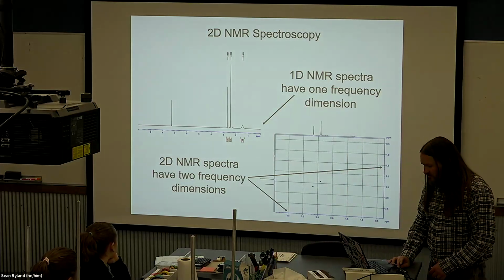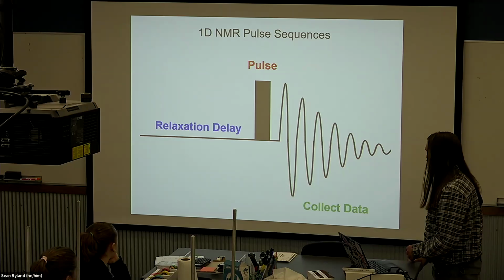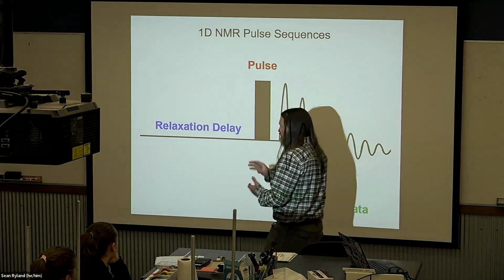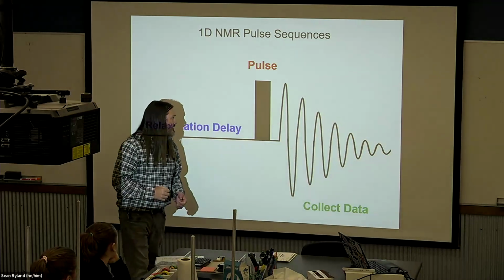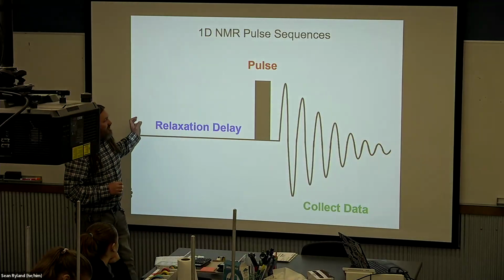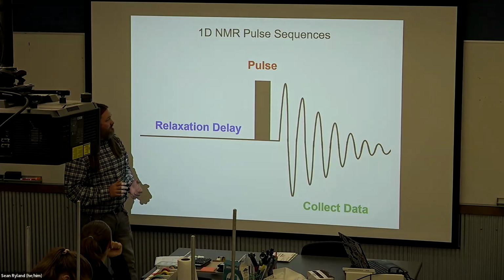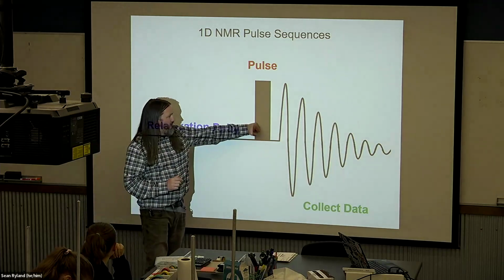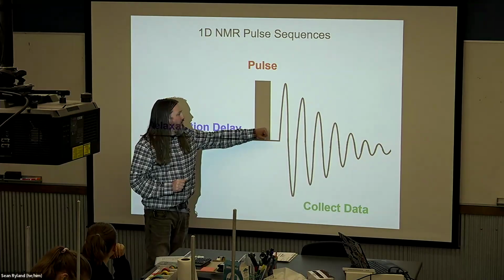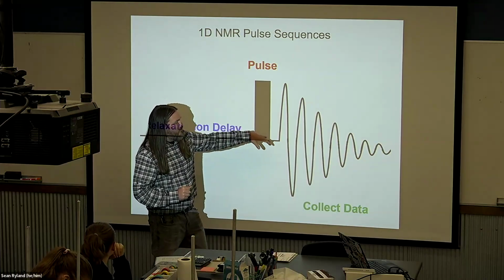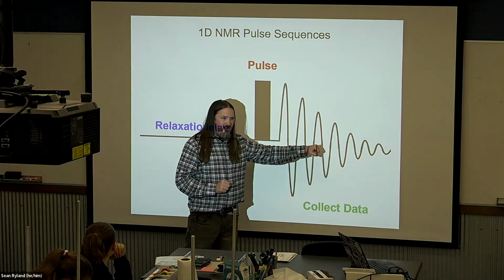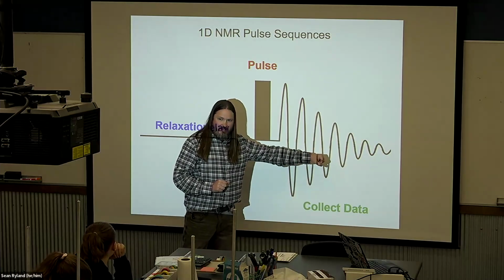And the way that this works is normally in NMR, you have something that looks like this, where we put our sample into the NMR, we spin up the magnetic field and let everything kind of fall into place, and then we hit it with some radiation, and then we look at what signal it gives off as it relaxes back again, right?